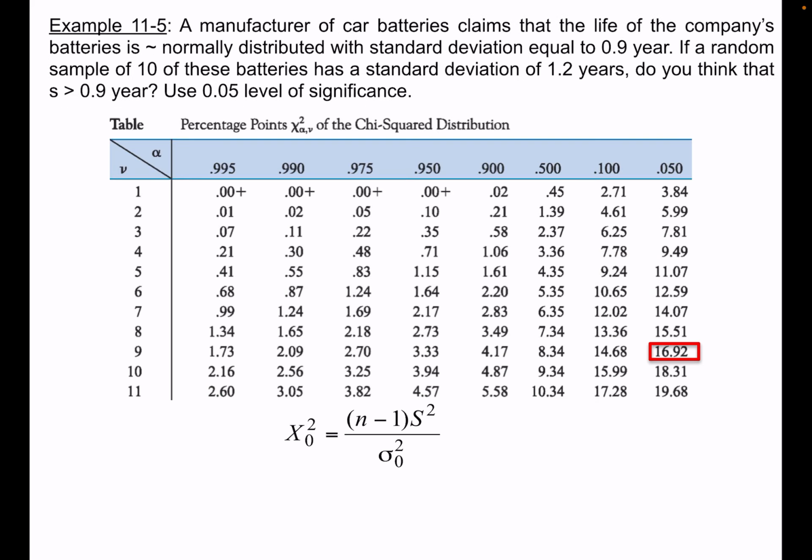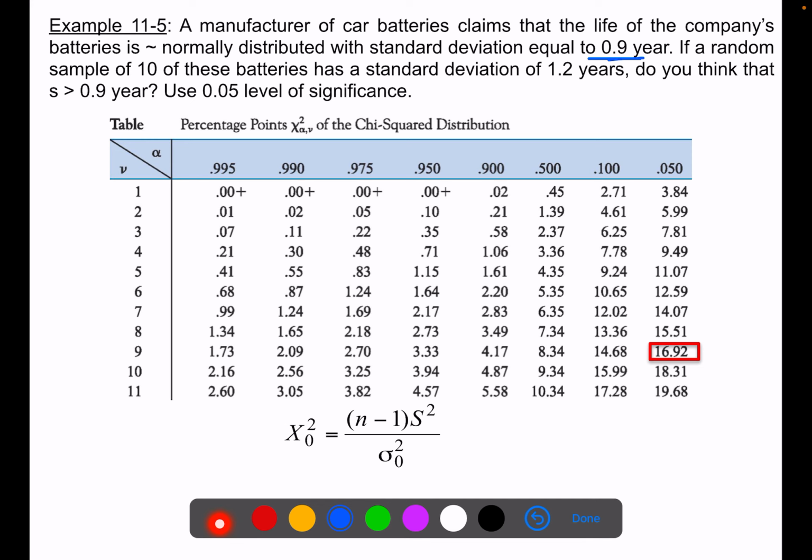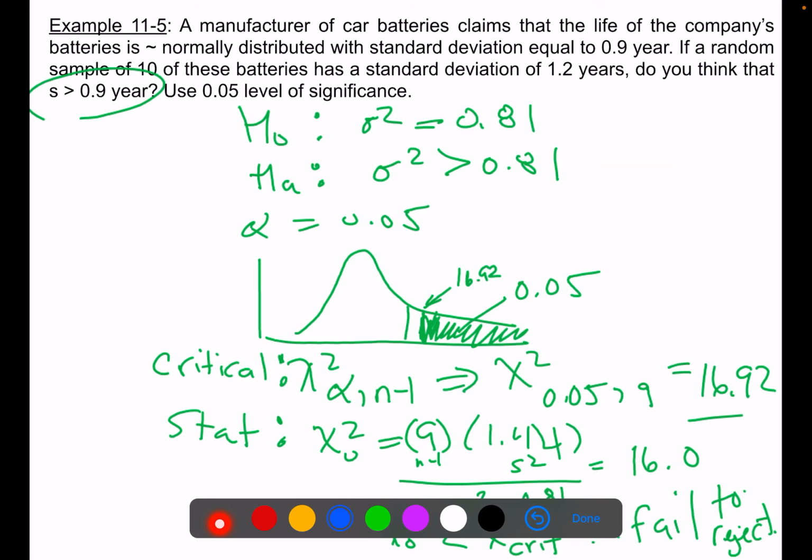So the next question is about standard deviation and variance. A manufacturer of car batteries claims that the life of the company's batteries is normally distributed with standard deviation equal to 0.9 year. So this is our sigma.